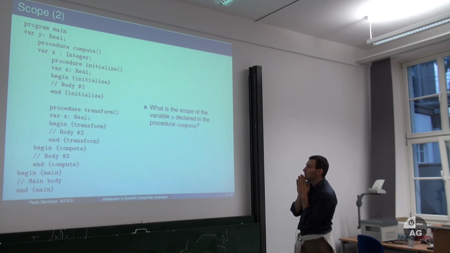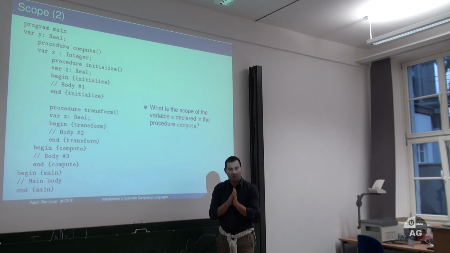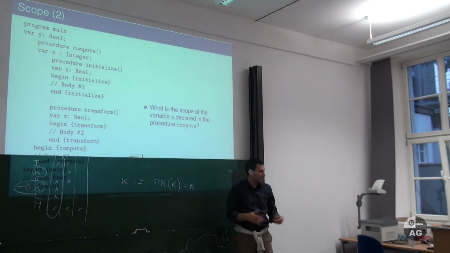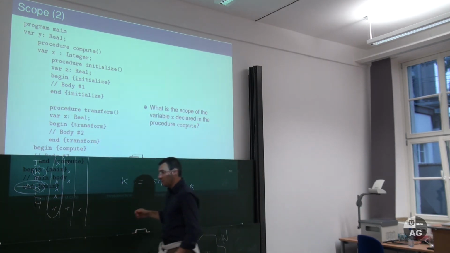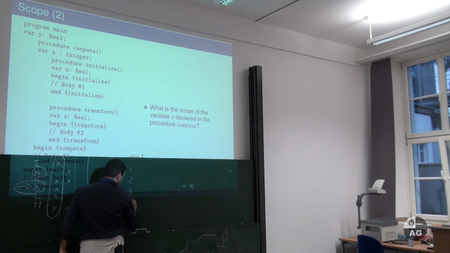Well, in 2 it's a new thing. Okay, so for once we have different opinions. I like it. So let's take a poll. Okay, so we are saying body 1, 2, 3, and main.